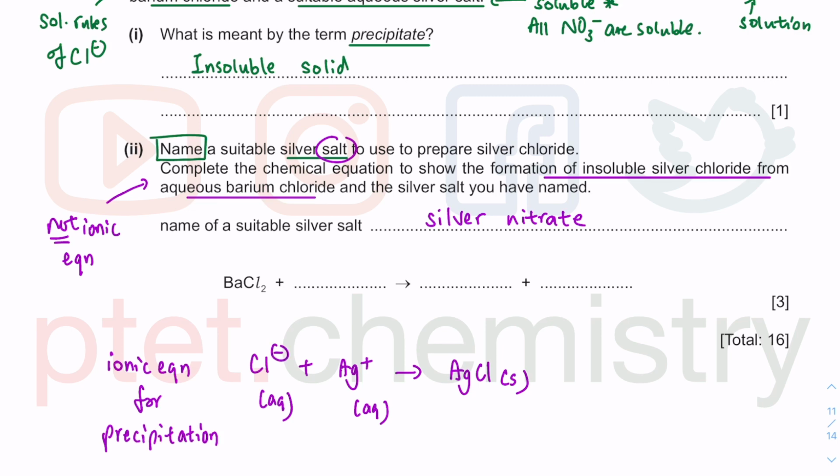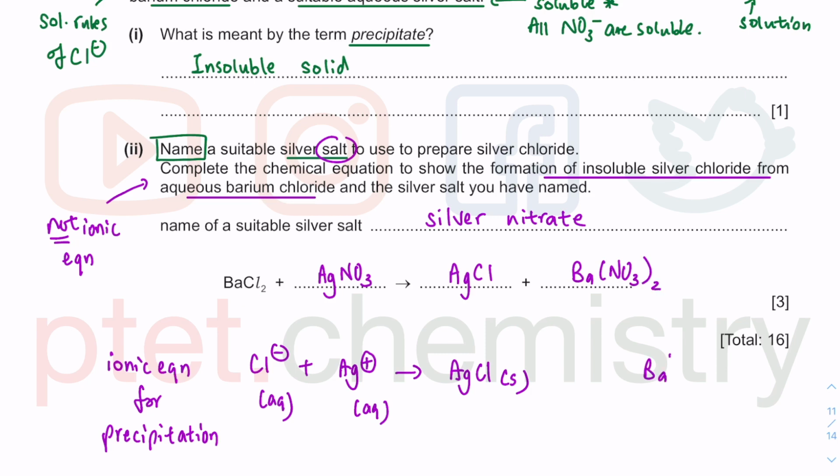Aqueous solution and aqueous solution come together to give you this insoluble white precipitate. You wanted the full balanced equation: silver nitrate, Ag plus NO3 minus, plus 1 and minus 1, one of each. They're going to give you the AgCl precipitate, and when they exchange partners, they will give you barium nitrate. We know that all nitrates are soluble.